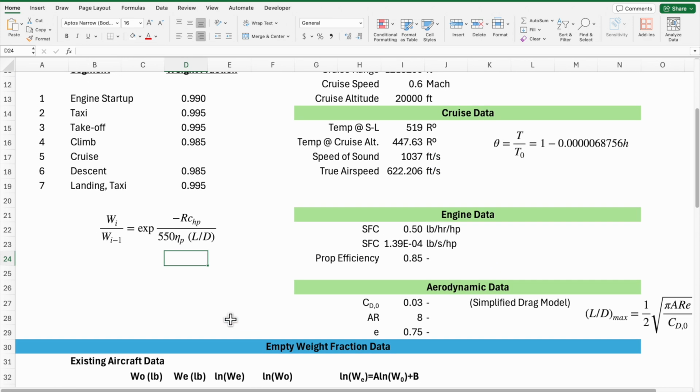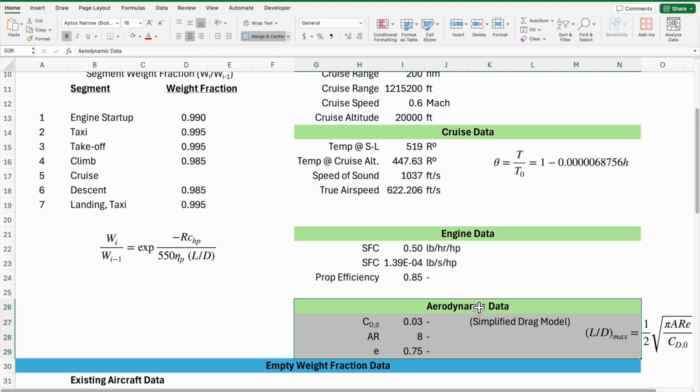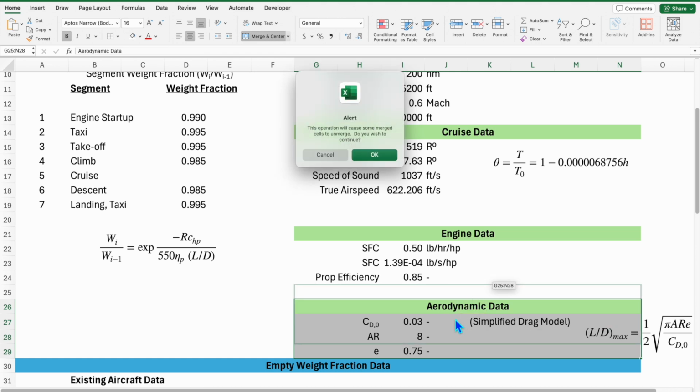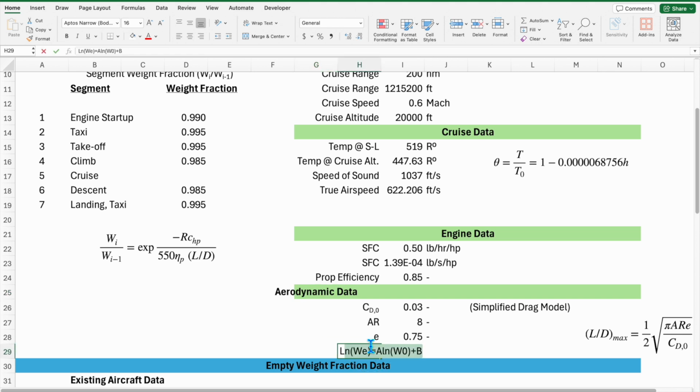So if we calculate our lift-to-drag ratio, maybe I can add a column here. I'll move this stuff up and I'll calculate my L over D max.